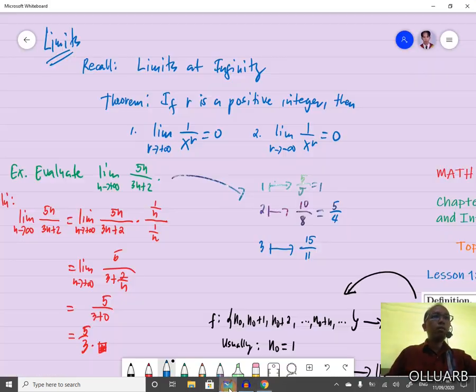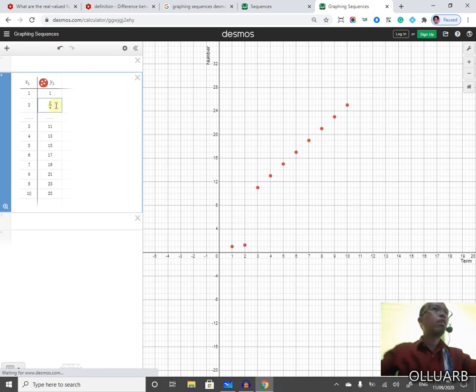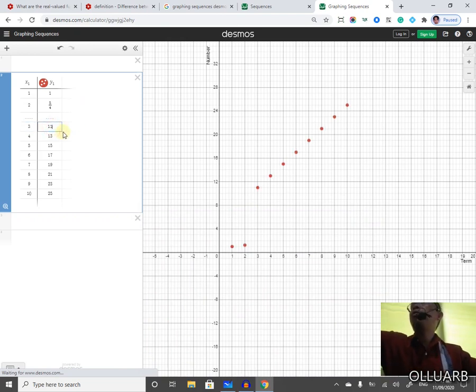When it is 2, it is equivalent to 5 over 4. Okay, so when it is 3, what is 3? 15 over 11.